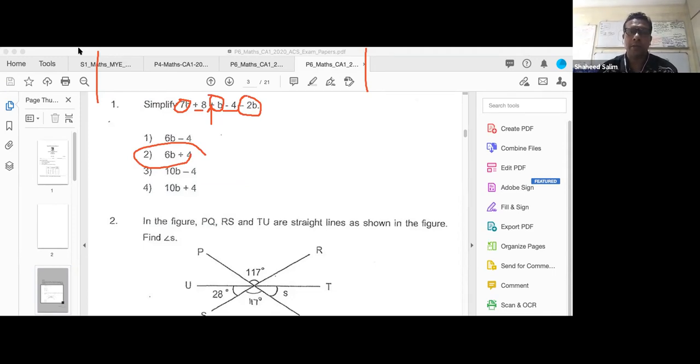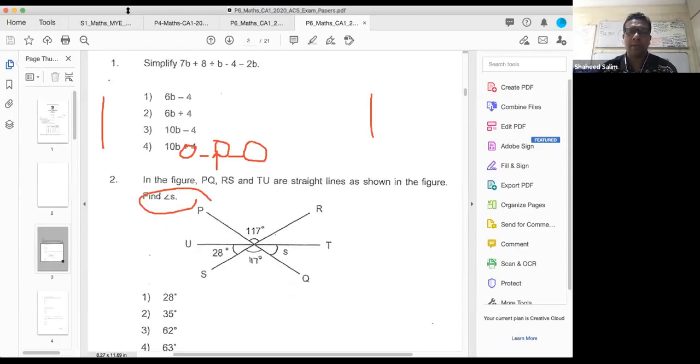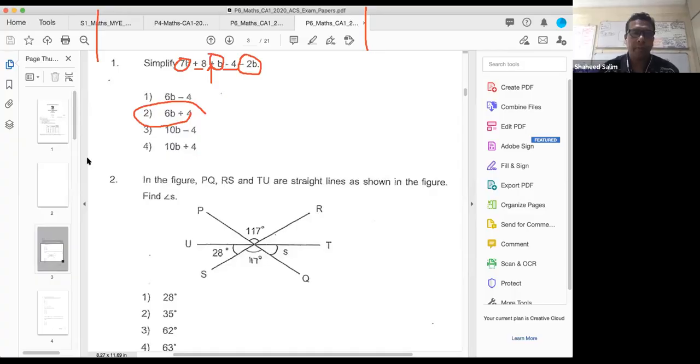The next one, Ilhan and Zahin, what's the next one? I'm just going to remove the thing again. Sorry. Okay. What's the answer for number 2?